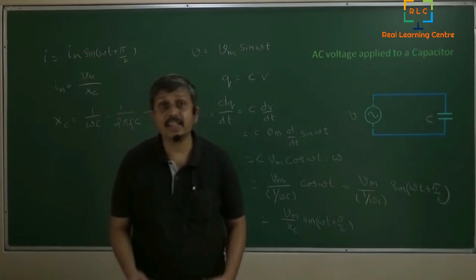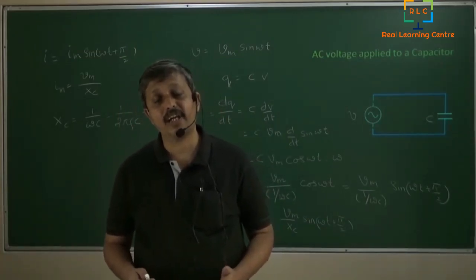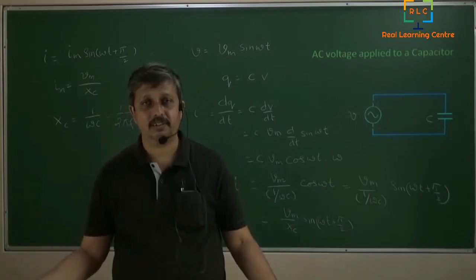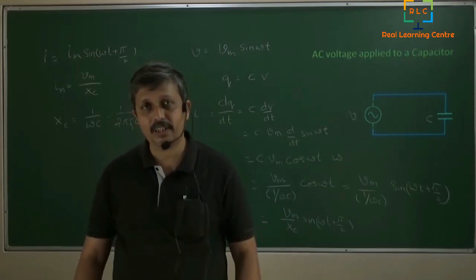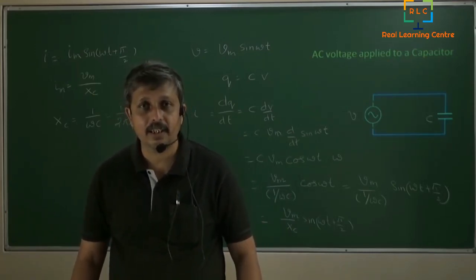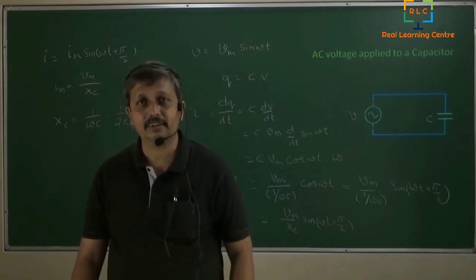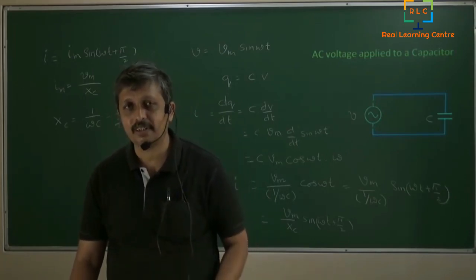So in the case of a capacitor, it opposes anything that doesn't change. It accepts things that change. It likes changes in the current, and hence it produces very little opposition to the current.